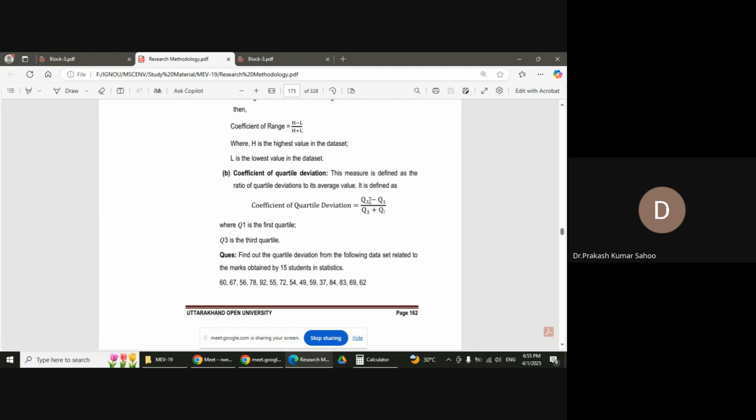Q3 is the 12th term, and q1 is the fourth term. The first step is to arrange all these observations or data in ascending order. So this is already arranged in ascending order.